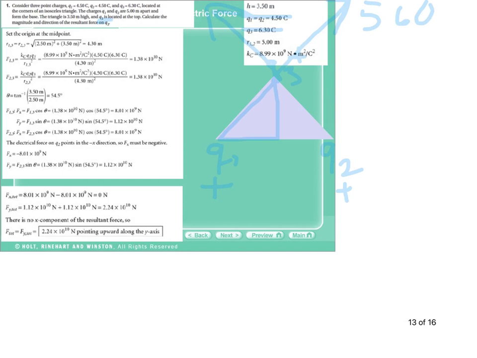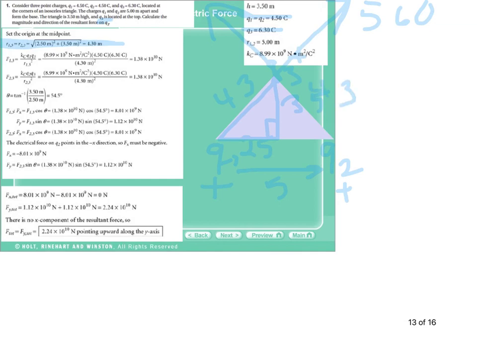It said our height was 3.5. From Q1 to Q2 it was 5, so this one's got to be 2.5. With this little right triangle, we can use the Pythagorean theorem, and we find that this side is 4.3 meters. Same thing over here.